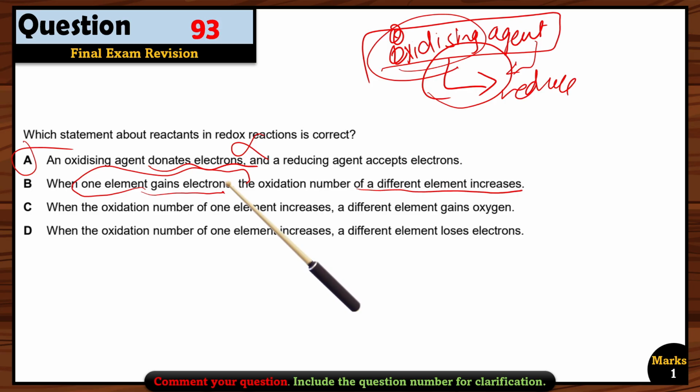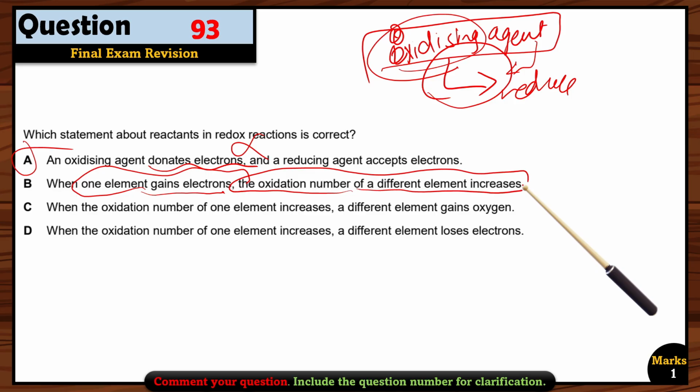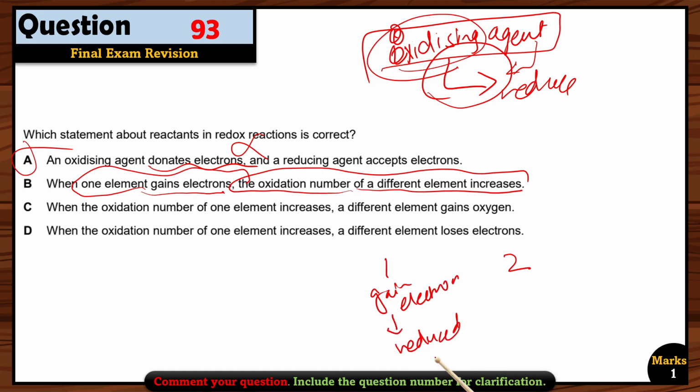Because it is gaining the electron. Then the oxidation number of a different element will increase. Yes, that option is right. Because if we have one element and a second element, the first element gains electrons, right? So gaining electrons means its oxidation number is reduced. What about the second element? Then the oxidation number of the different element, that is 2, will increase because the oxidation number of the first one has decreased.